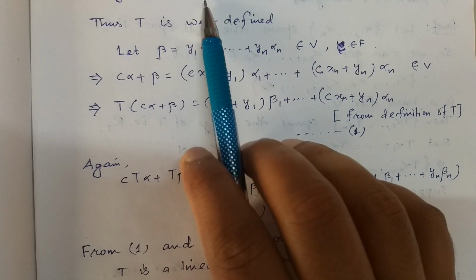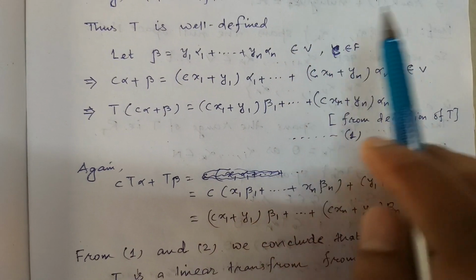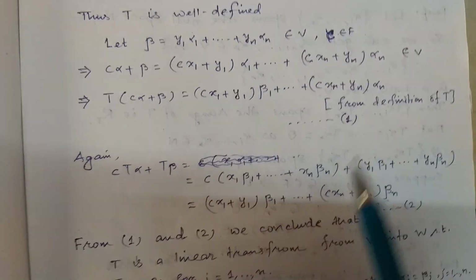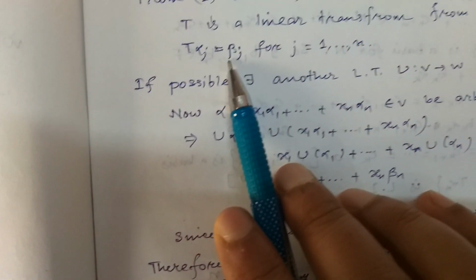So definitely that will be 0 beta 1 plus 0 beta 2 plus dot dot 1 into beta j plus dot dot dot 0 beta n. So T of alpha j will be beta j. This holds.